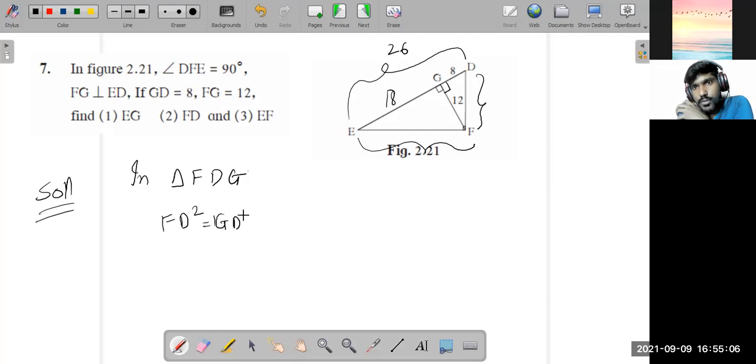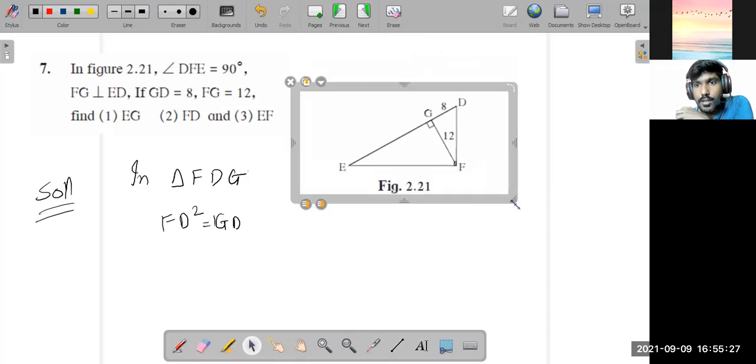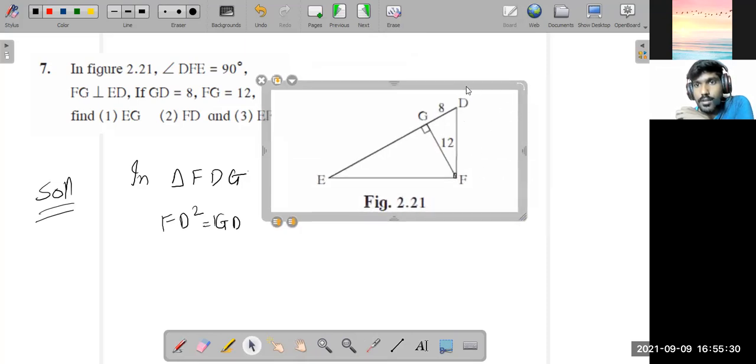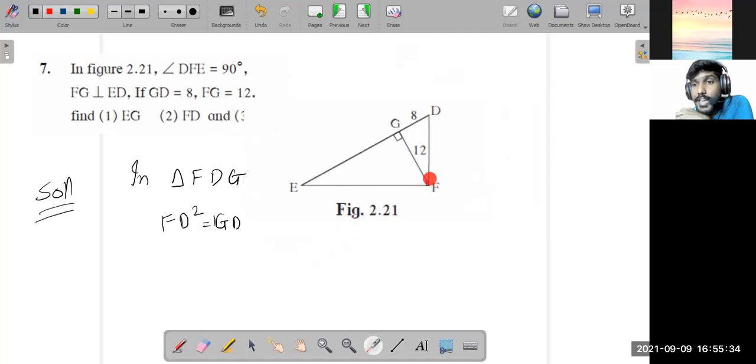No, the 90 degrees at F is for the bigger triangle.